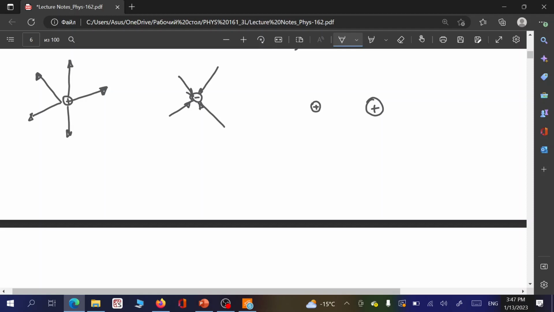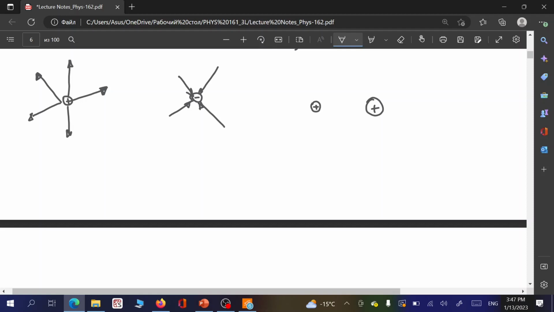For the larger, because a larger electric charge will create a larger electric field around itself, and in order to highlight this feature, we need to draw more electric field lines around it. So the larger the electric charge, the larger the number of electric field lines depicted around it.